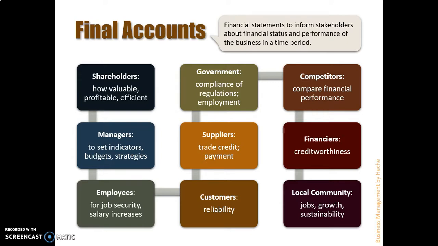And if the community is concerned about the environment, they would like to look at the business in terms of sustainability, that you are environmentally friendly. So these are the stakeholders and the different reasons why they would like to see or know your financial statements, your final accounts.